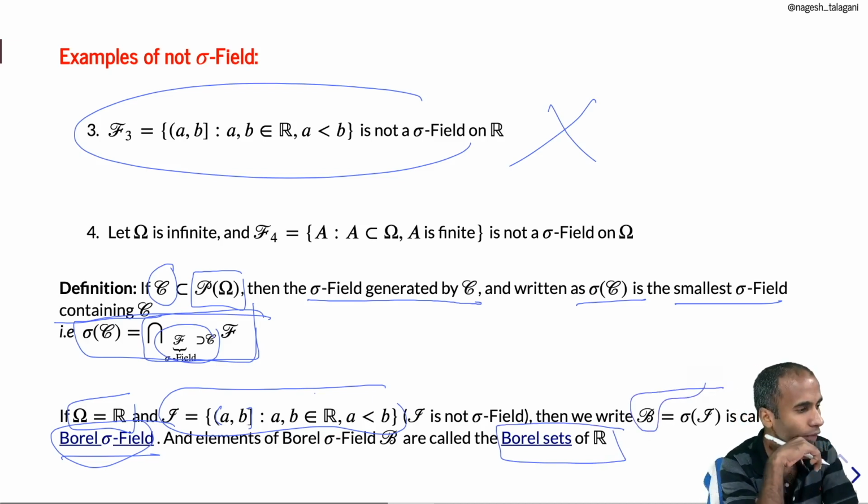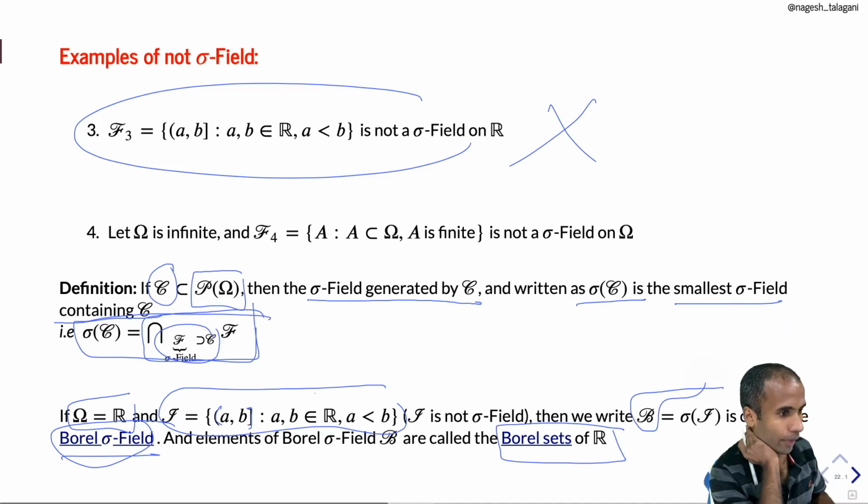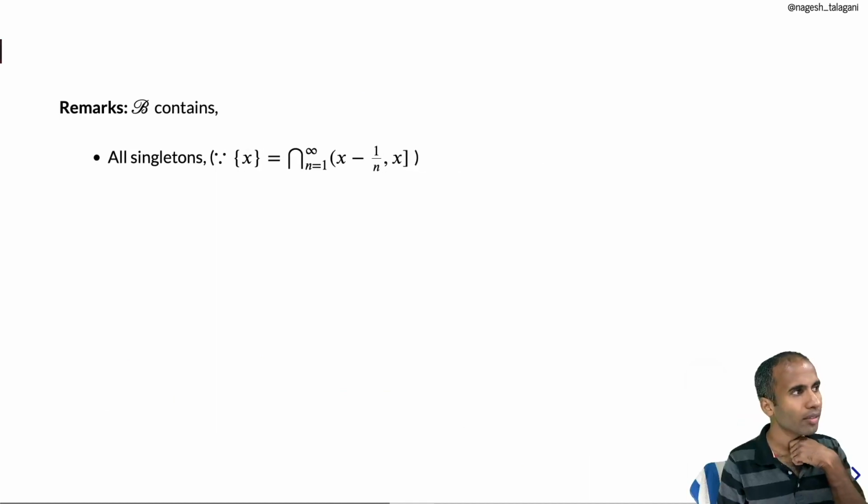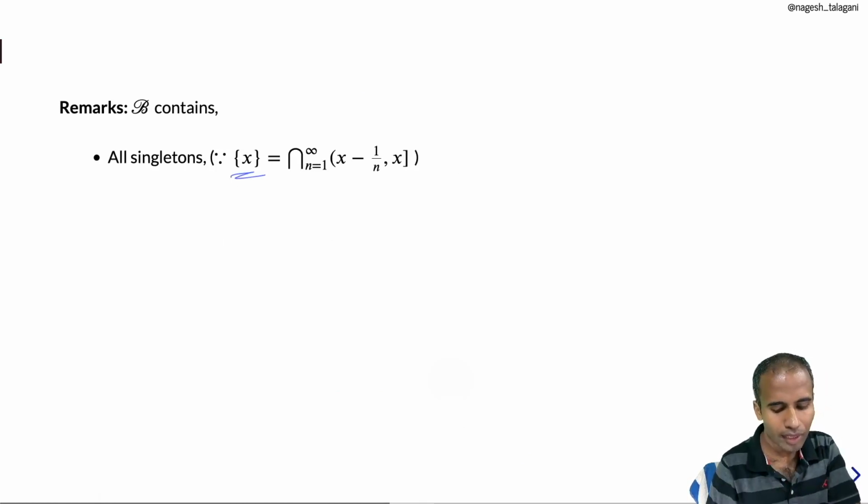Okay, fine. Next, let me clear this. Remarks. Here, this Borel sigma field contains all singletons, because any singleton can be expressed as a countable intersection of intervals of this type.